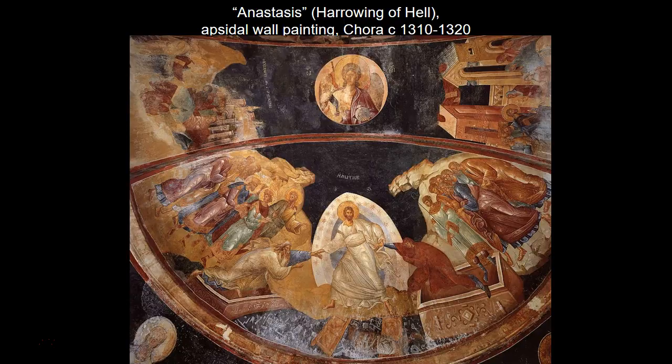So anastasis, this is a Greek word, of course, that means rising or resurrection. So what we see in the anastasis is not just the resurrection really, but specifically what happens after the resurrection.